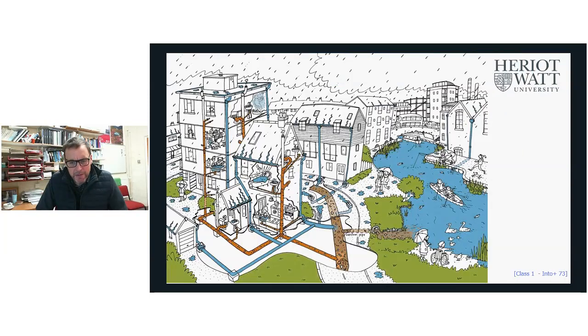So just to recap then, we've spoken about combined systems, we've spoken about separate systems, and we've spoken about SUD systems today. And what I want you to think about here is that combined systems are really what we're stuck with in terms of a lot of the infrastructure we've got in the UK, those pre-1945 houses. Then we transitioned to separate systems, which remove CSOs but brought other problems with them.